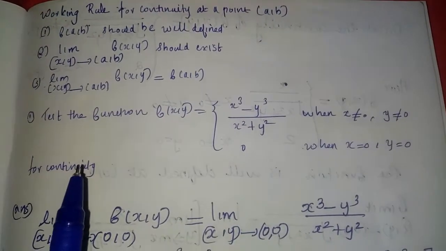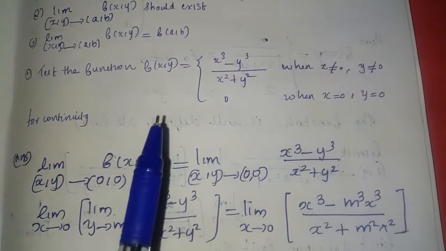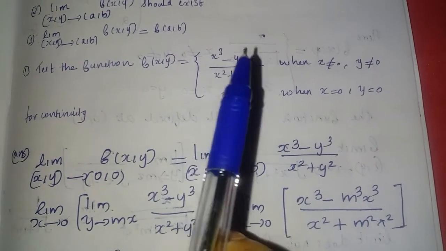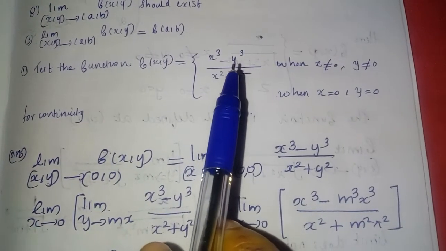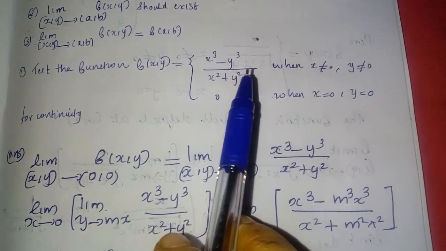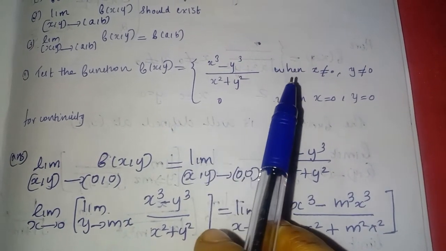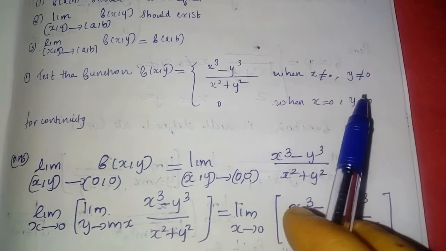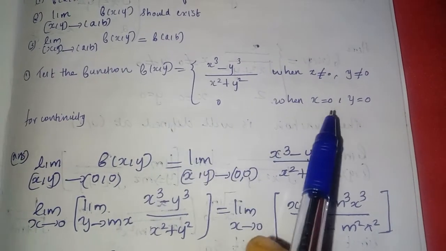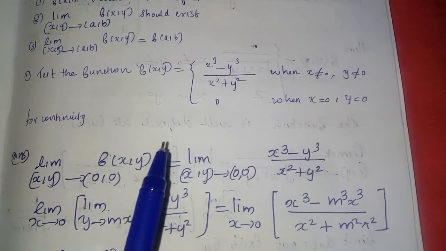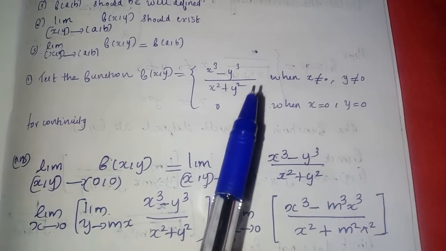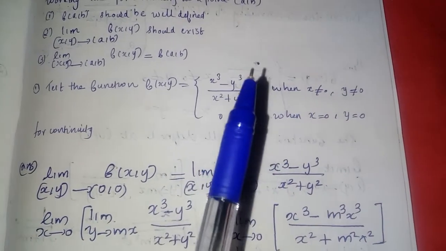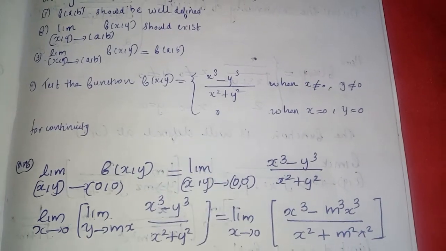So first, the first question: test the function f(x,y) equal to (x cube minus y cube) divided by (x square plus y square) when x not equal to 0, y not equal to 0, and 0 when x equals 0, y equals 0. For continuity, we know that the function is well defined at (a,b).